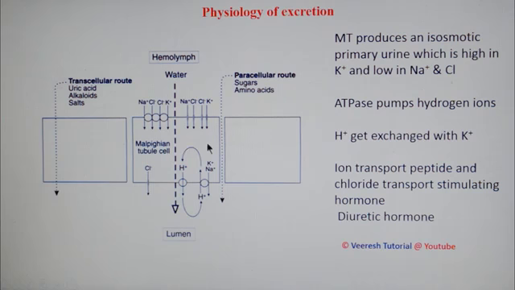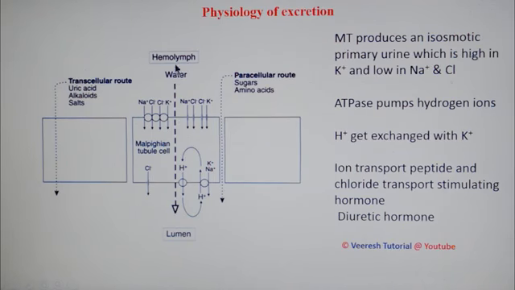Malpighian tubules produce the primary urine, which is rich in potassium ions but low in sodium and chloride ions. ATPase enzyme pumps the hydrogen ions into the lumen of the Malpighian tubules from the hemolymph. By an antiporter system, hydrogen ions get exchanged with the potassium ions, which creates high osmotic pressure inside the lumen.